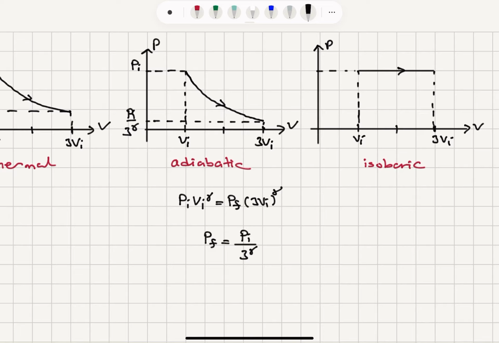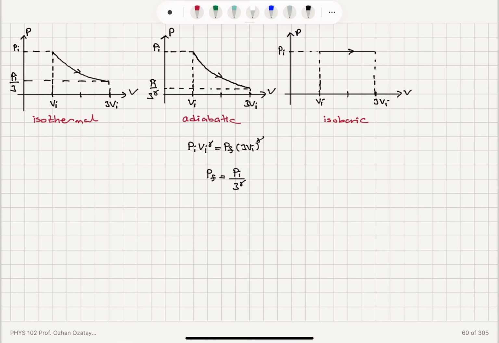And in the isobaric process, I have the same pressure, Pi, which is a constant, and the volume is increasing. So that's what I would see in a diagram. And you will see that the adiabatic one is a steeper fall. So if I plot them on the same graph, this would be isobaric, this would be isothermal, this would be adiabatic, an even steeper curve.